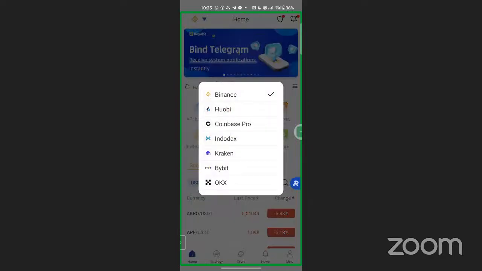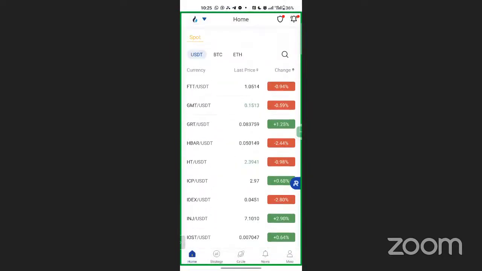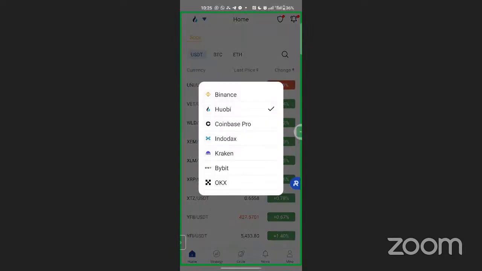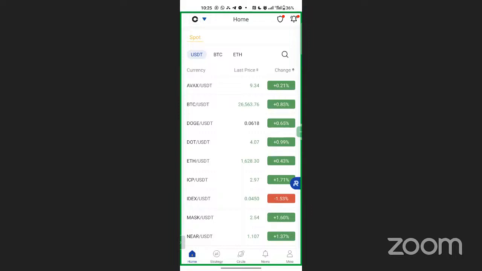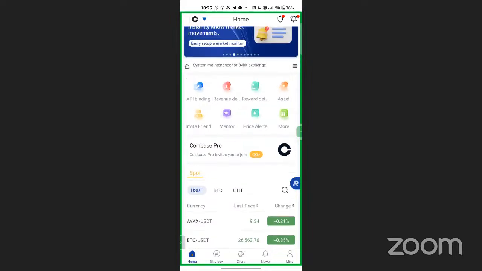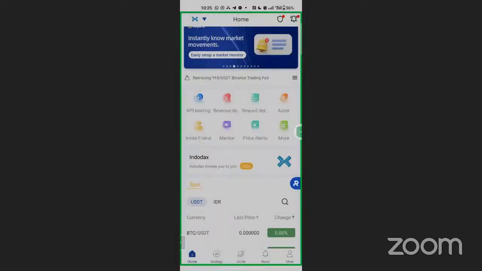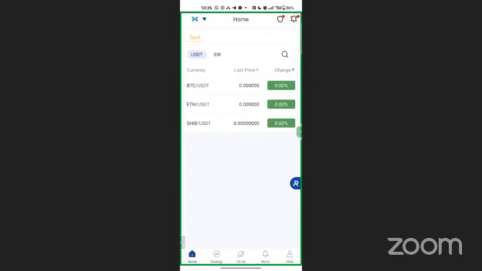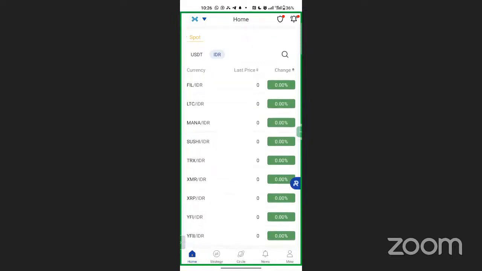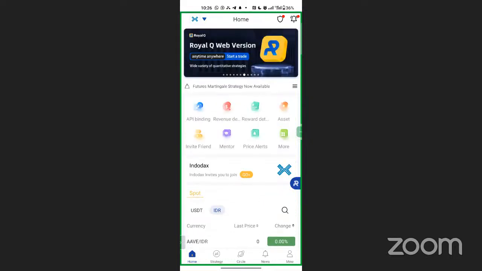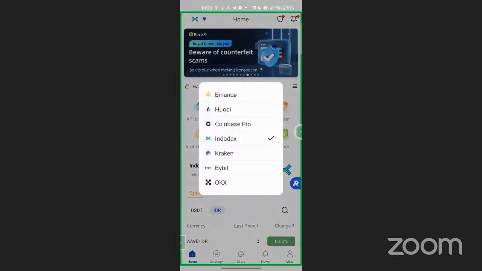If you go to Hobby, you'll find less coins. If you go to Coinbase Pro, you'll find maybe less coins. They are a little bit few. If you decide to use Indodax, you'll find around 3 pairs, in USDT and Indero.